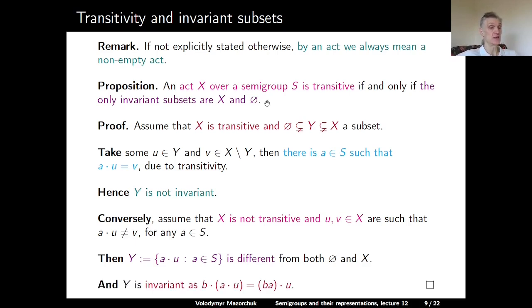And this set is invariant because if we apply b to a applied to u, by the act axioms this is equal to ba applied to u. So we now have an invariant subset which is different from the empty set and X. And this completes the proof of the proposition.